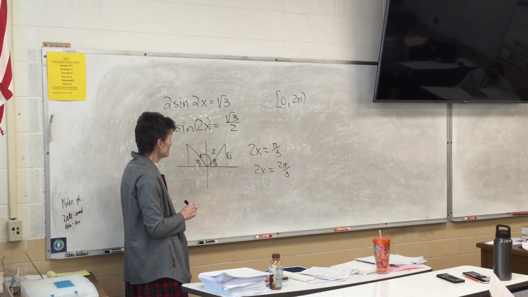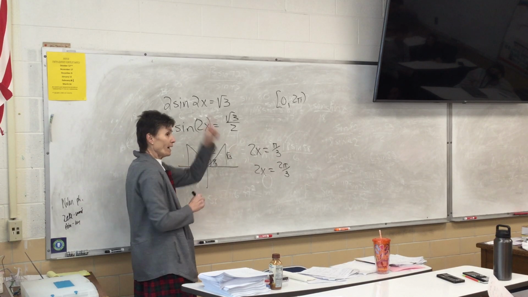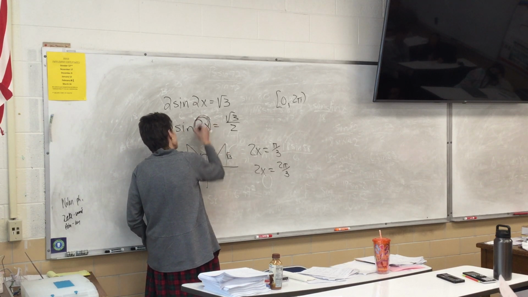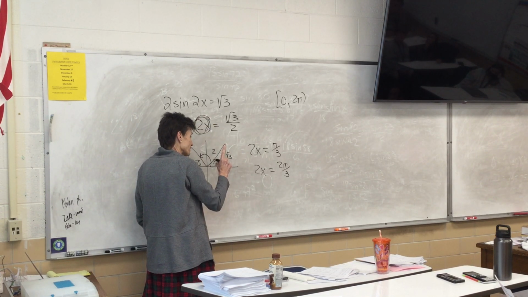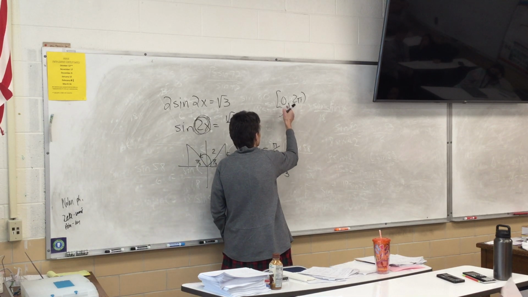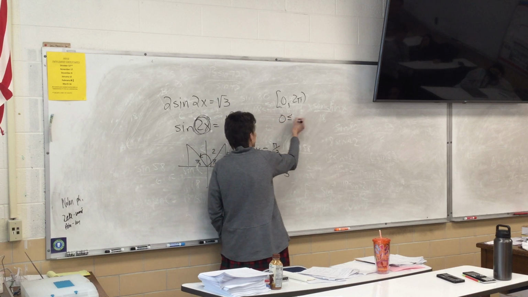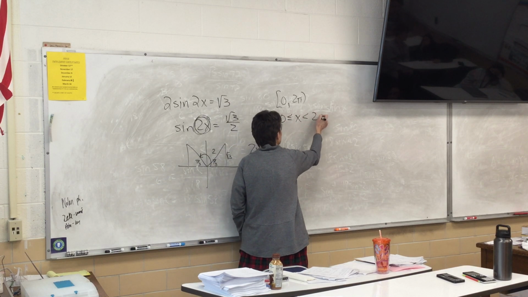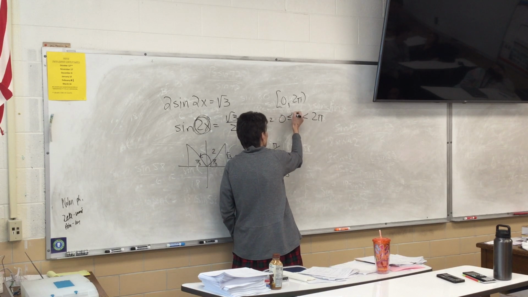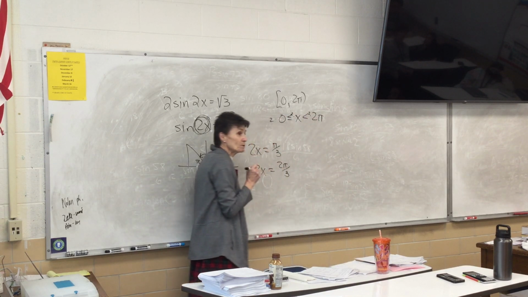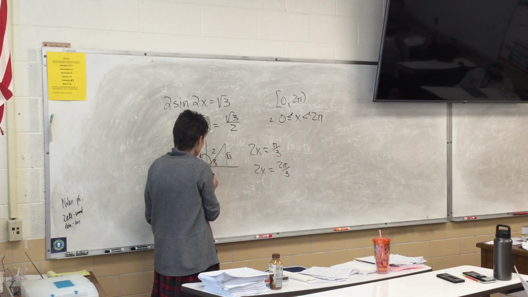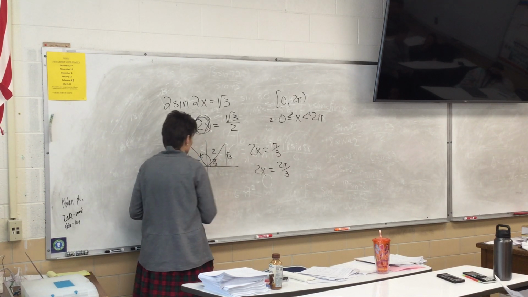This one would be pi plus a third. But because the angle happens to be named 2x and not x, I have to look not between 0 and 2 pi. x is between 0 and 2 pi, so 2x would have to be between 0 and 4 pi, which means that I have to go around again.